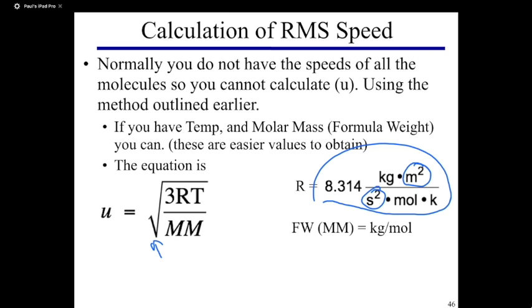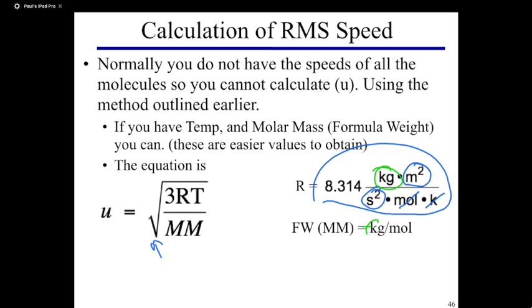So what do we have to cancel out? We have to cancel out temperature, we have to cancel out moles, and we have to cancel out kilogram. When you do a molecular weight on the molecular weight calculator, what unit do you get? Grams per mole.